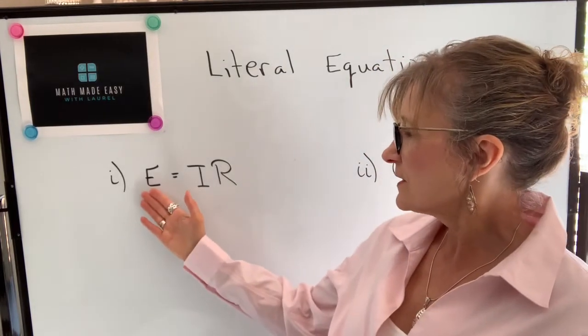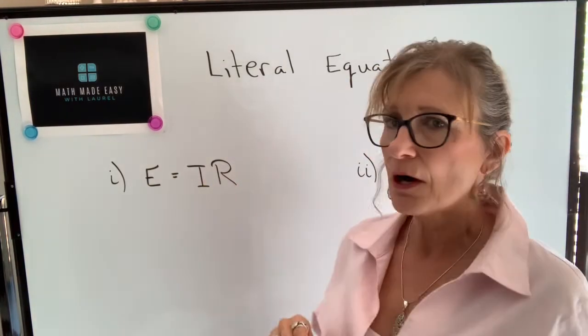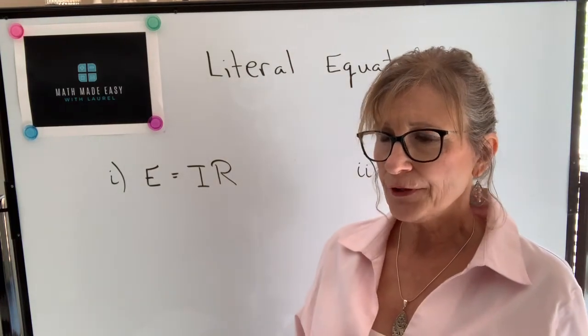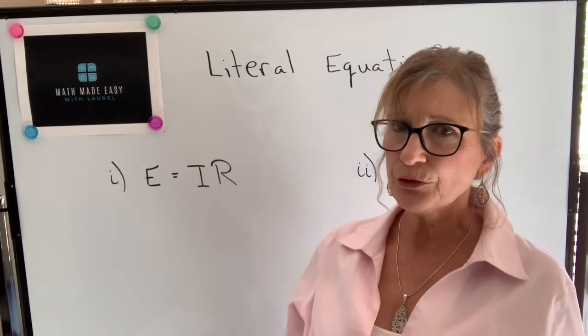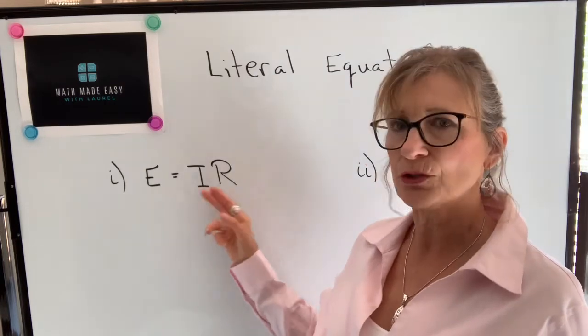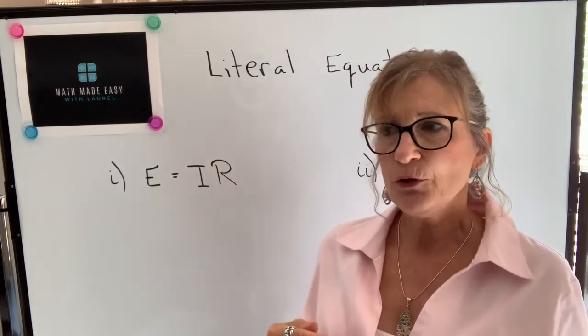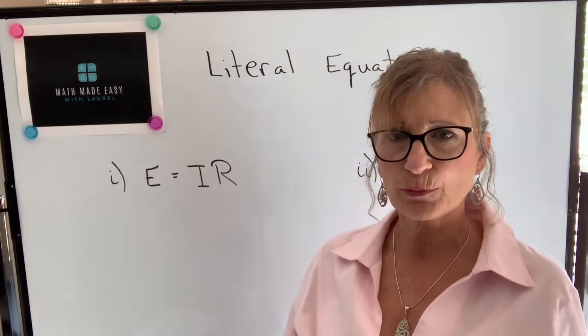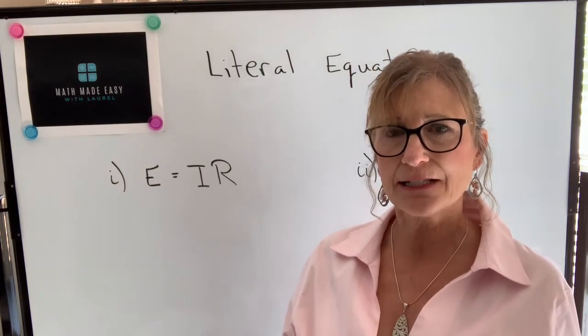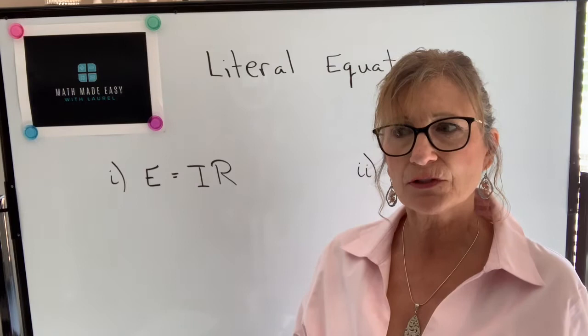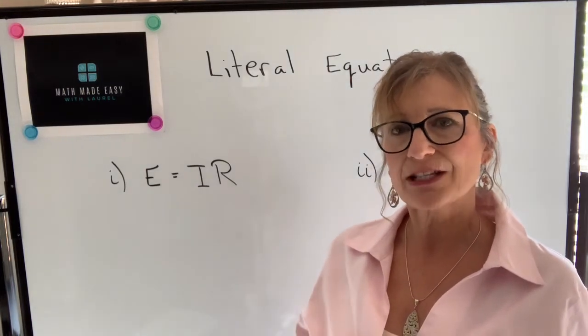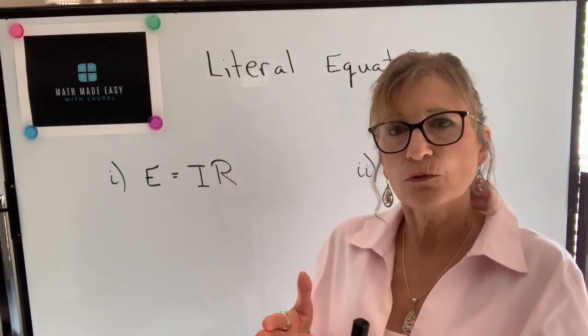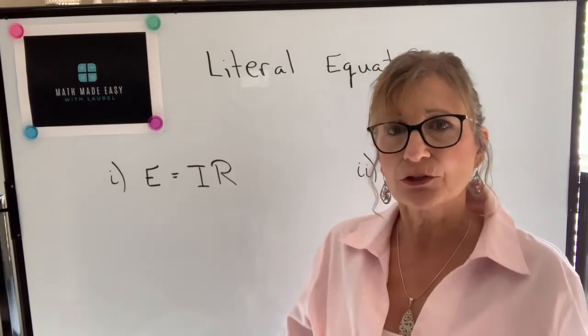So it just means that E is equal to I times R, and rather than learning three different formulas, what I is equal to and what R is equal to, if you have the ability to manipulate these formulas, then you can find what the other variables are equal to. So that's the idea in this video, is to be able to isolate any variable that's in an equation so that you can say what it's equal to.